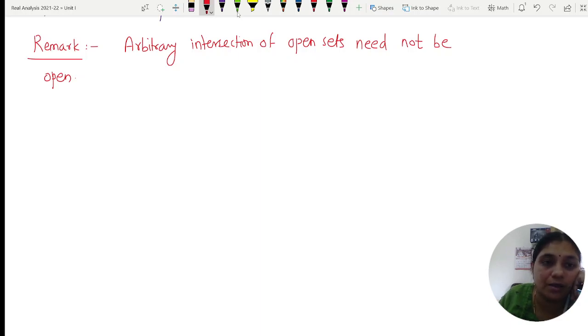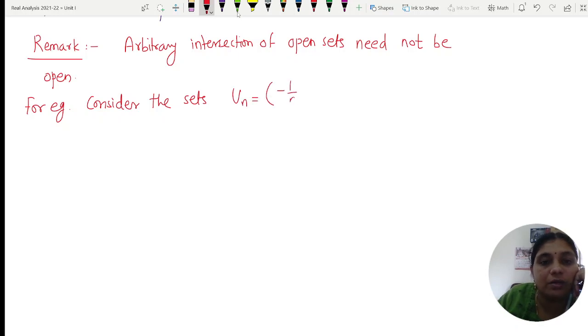So if I want to show this, then I have to give at least one counterexample for which it is not true. Like arbitrary intersection of open sets, if I take, it is not open. So for example, consider the sets Un equal to (-1/n, 1/n).